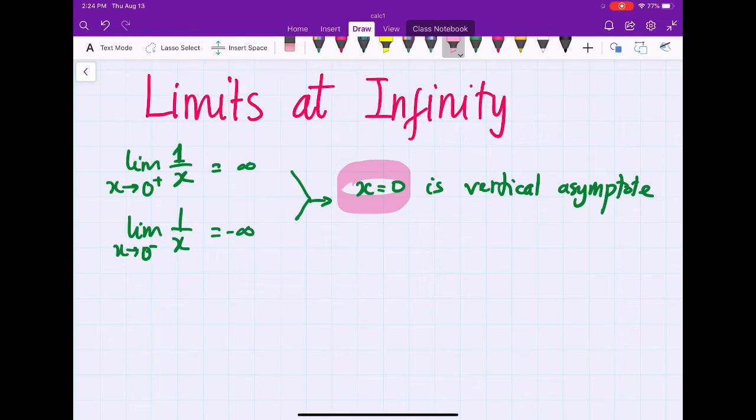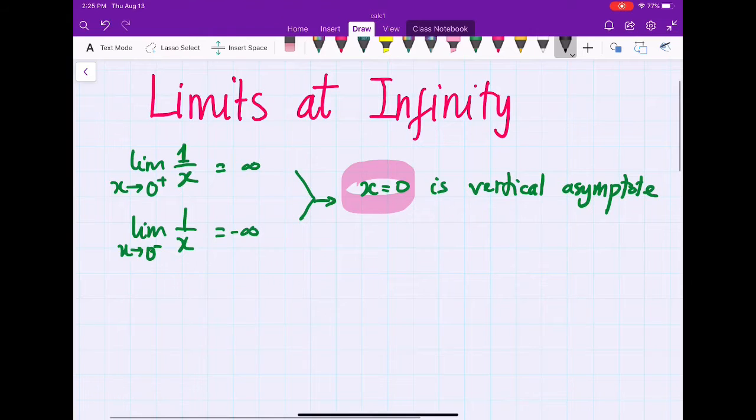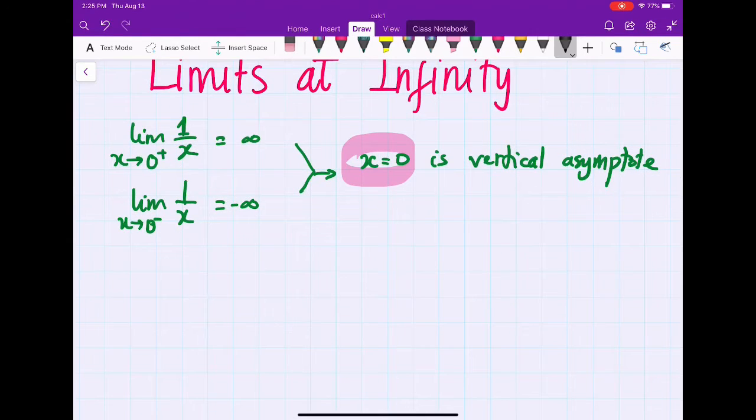That means the graph just approaches that straight line, but never intersects with it. And so we use that information to graph the function. Do you remember that? We use that to graph the function, a very brief graph. Until now, we don't do that in detail, but we know exactly.